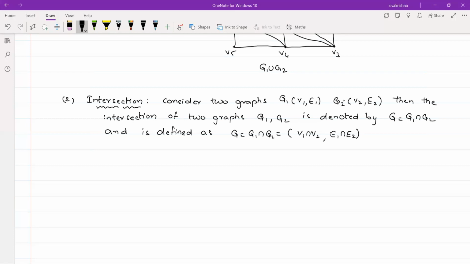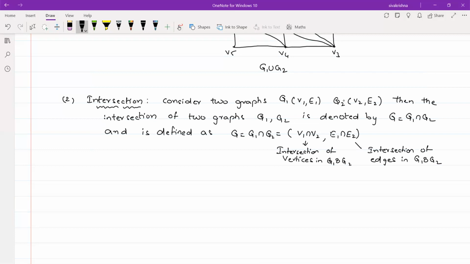So V1 intersection V2 is nothing but the intersection of vertices in G1 and G2. Similarly, E1 intersection E2 is the intersection of edges in G1 and G2.